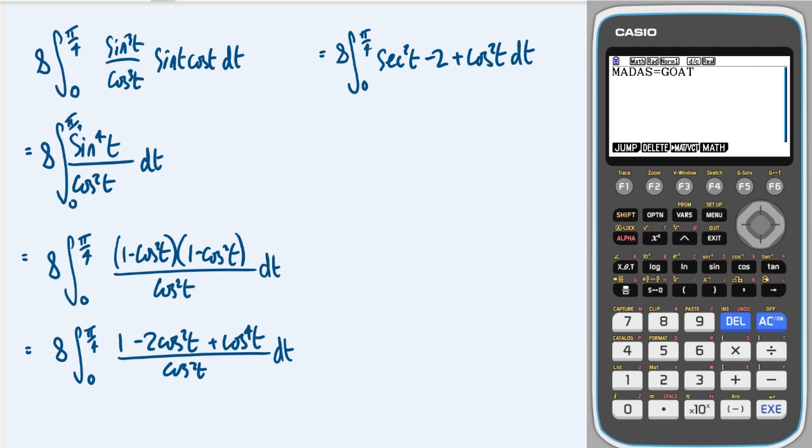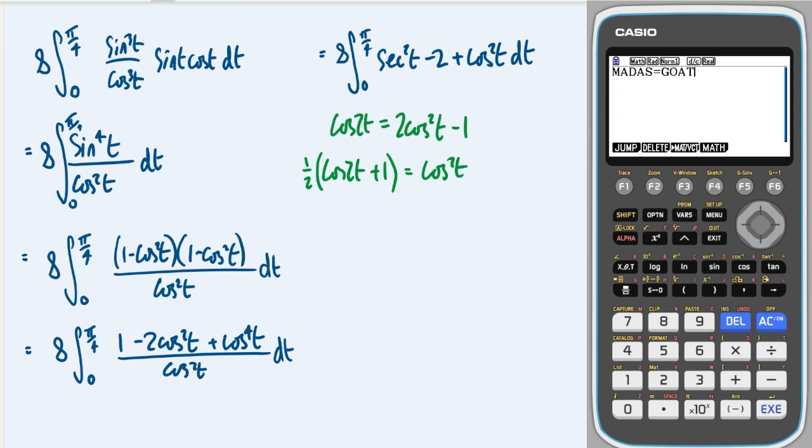Okay, we need to do a substitution here. So we know that cos of 2t is equal to, by the double angle formula, 2 cos squared t minus 1. So cos of 2t plus 1 multiplied by a half is equal to cos squared t.